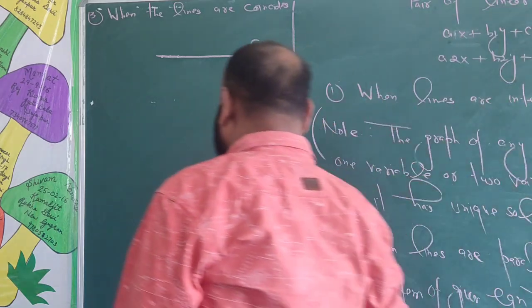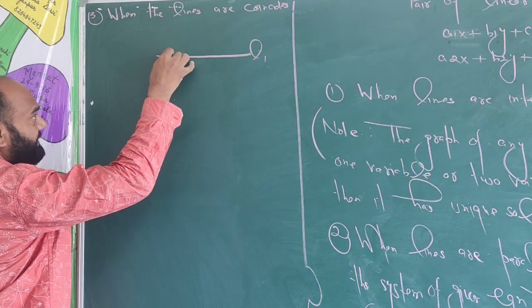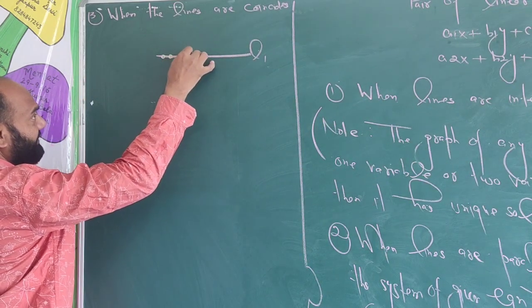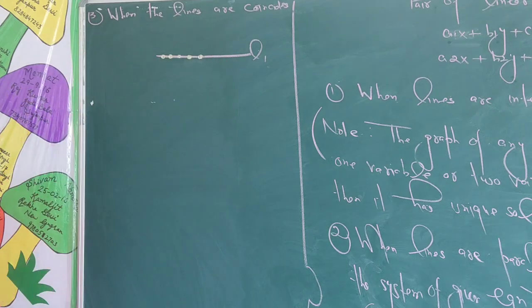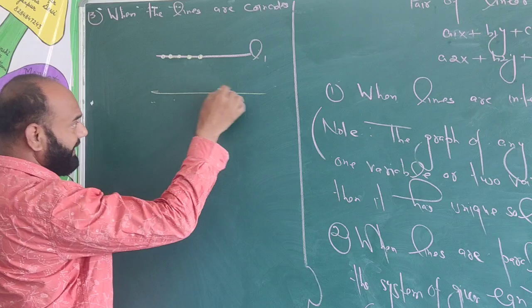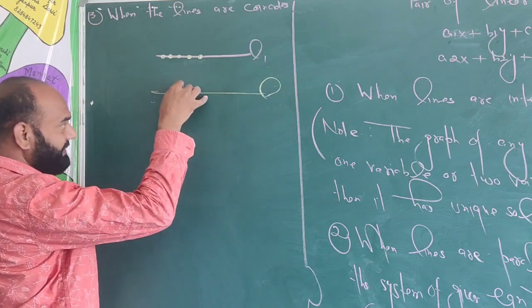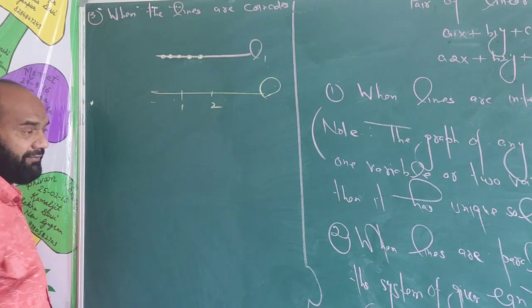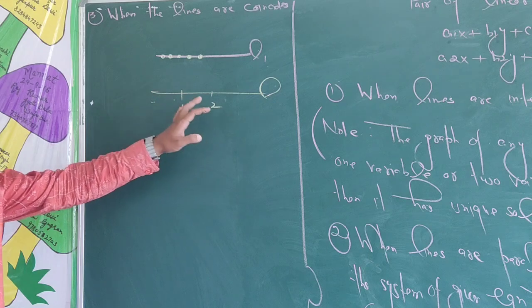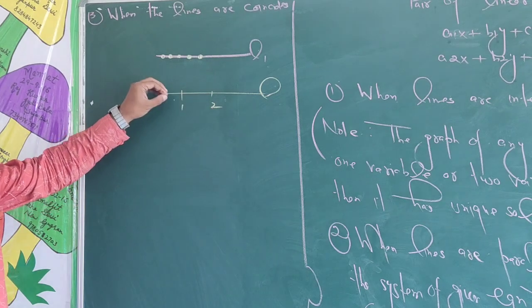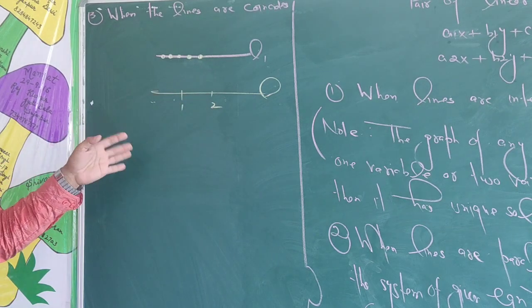So this is the first point, this is the second point, this is the third point, this is the fourth point, this is the fifth point, and their points are infinite because we know, for example, on the real line, when this is point 1 and this is point 2, the number of real solutions between 1 and 2 is infinite.